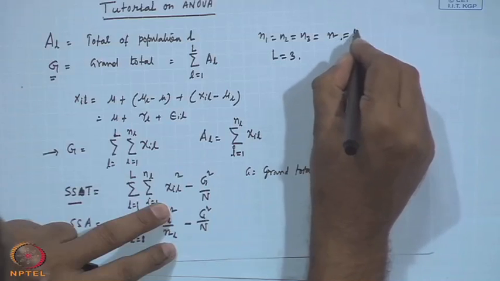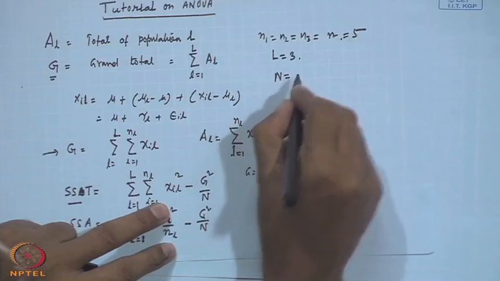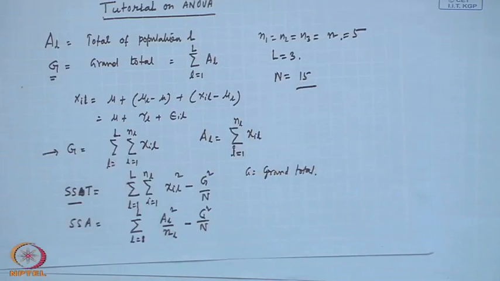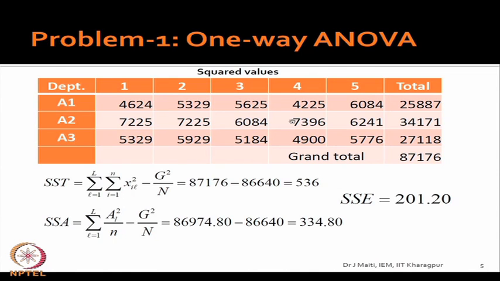So, capital N will be 15. That is why G square by N is 1140 square by 15, and this quantity is 536. Now, SSA will be this one, sum over L equal to 1 to capital L, AL square by N.